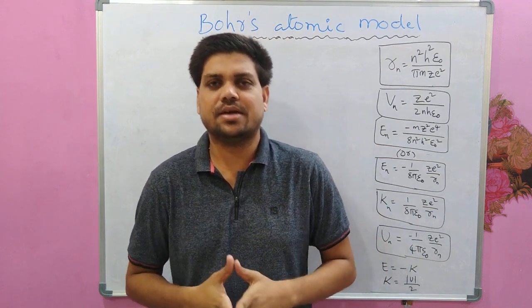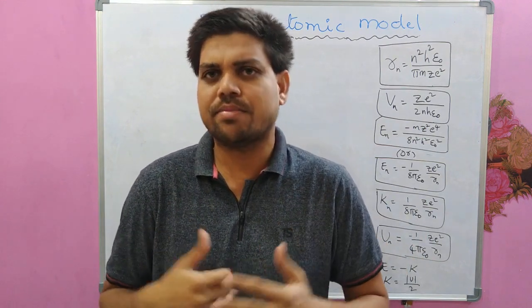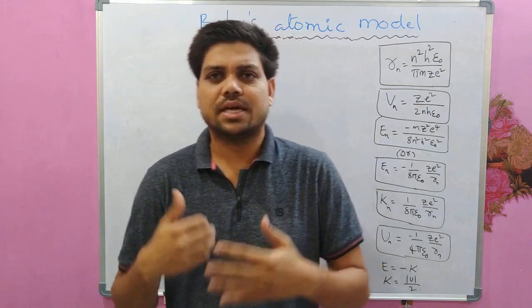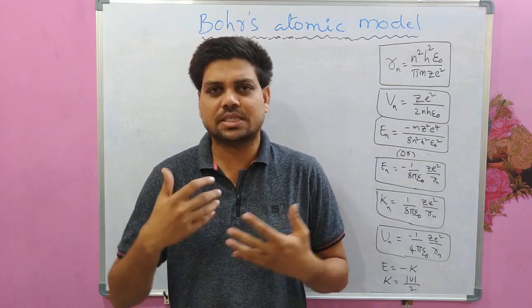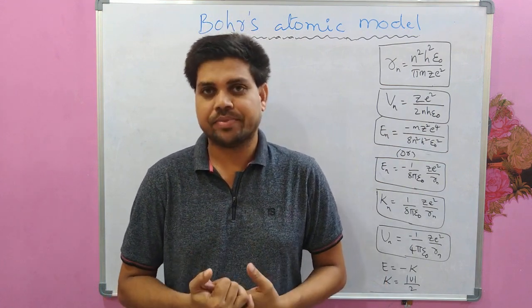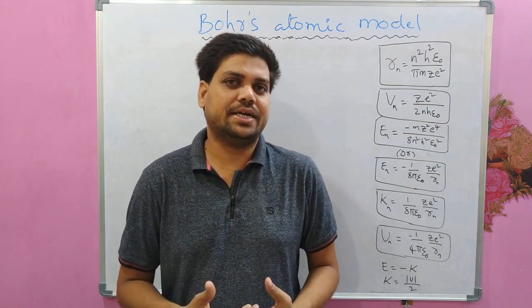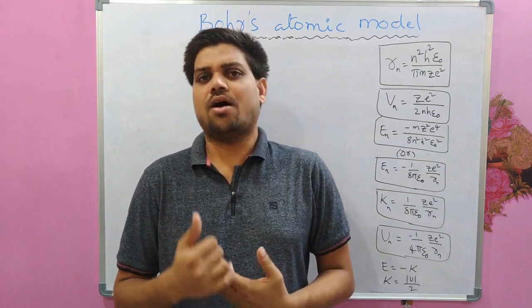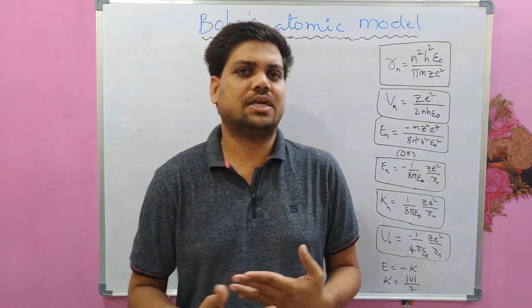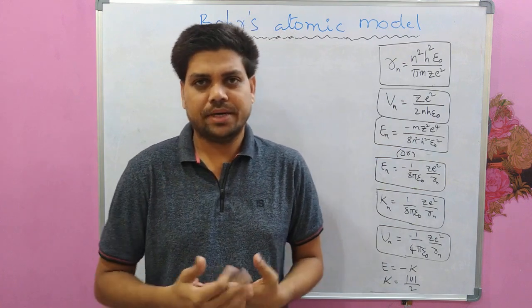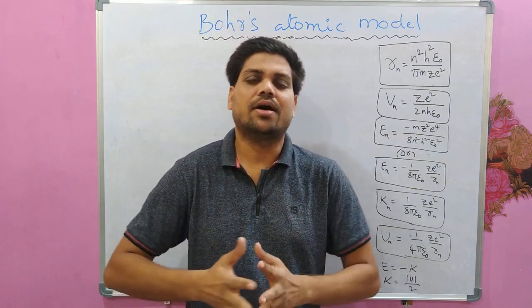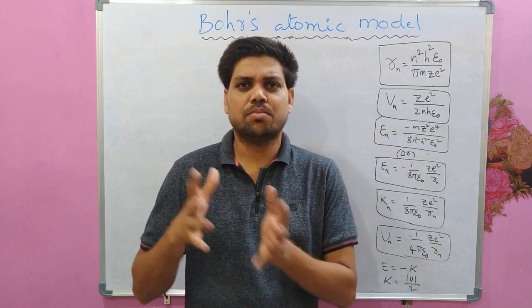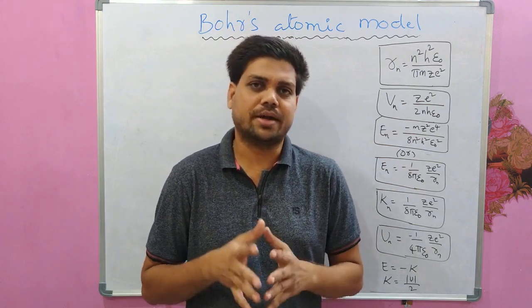We were discussing Bohr's atomic model in the previous lecture, where we discussed the postulates of the Bohr atomic model, and we calculated the radius of the orbit, the velocity of the electron in the orbit, and the total energy of the electron in the orbit using Bohr's postulates.